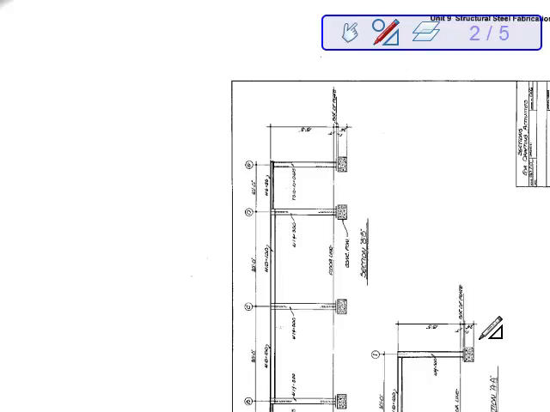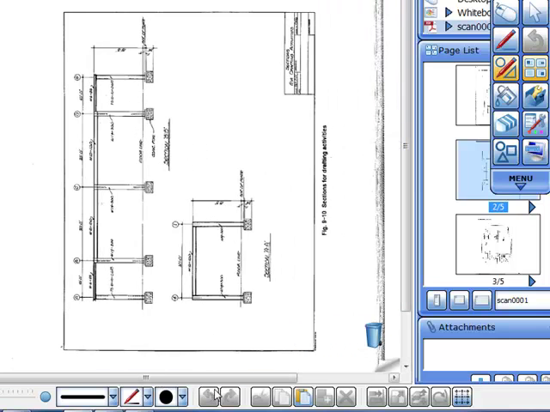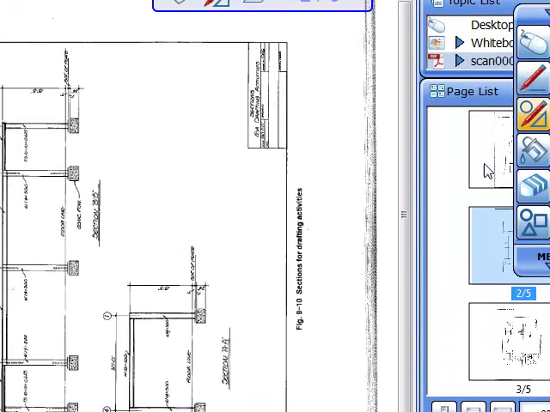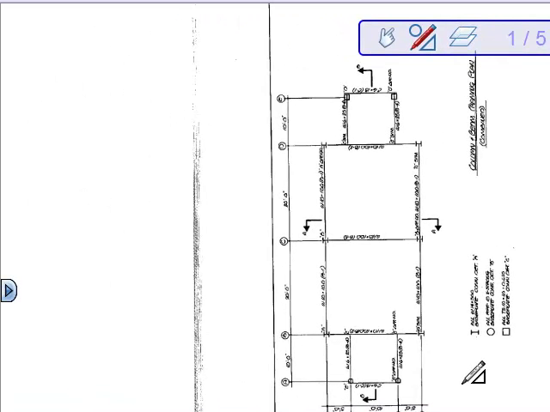So construct a complete column fabrication detail for column C1 in figure 9.9. This page here is not 9.9. There it is. Okay, so column C1 is going to be this one right here.